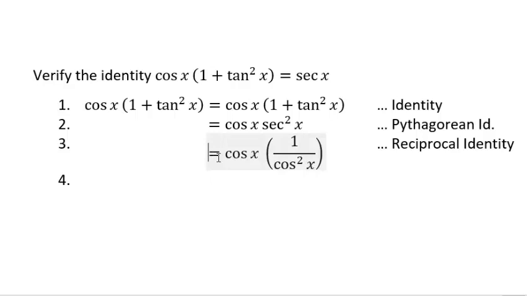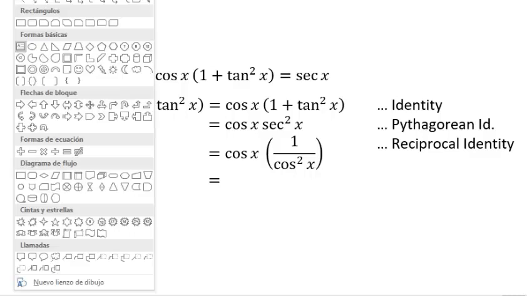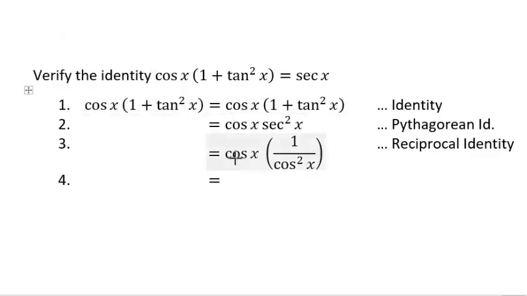what happens with this cosine and the cosine square that's under it? We're gonna cancel, okay, but not completely, because this one is squared. So squared means that you have 2 cosines, but you're only gonna cancel 1. So in order to do that, I put this line to explain that I'm canceling.